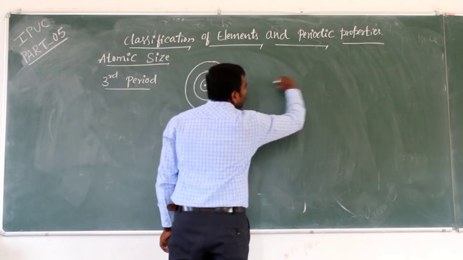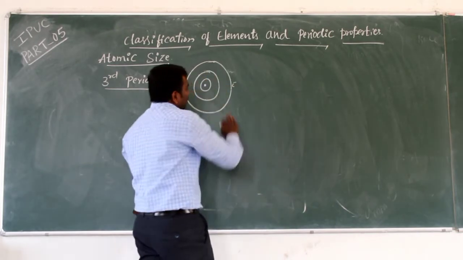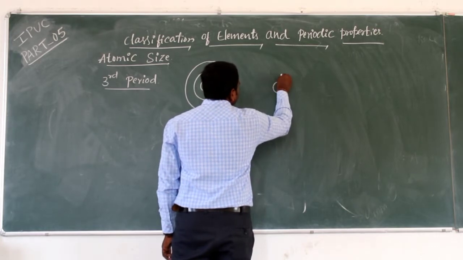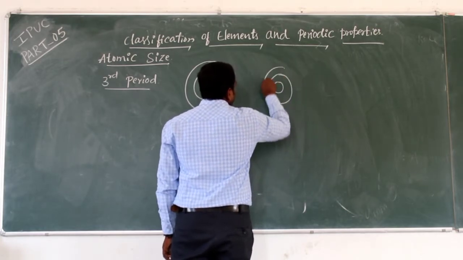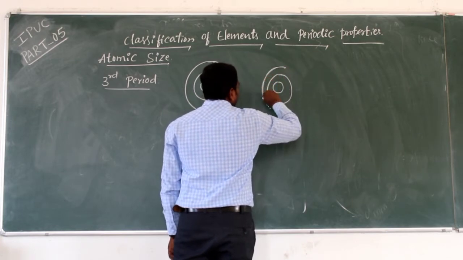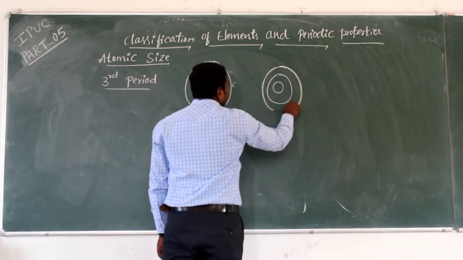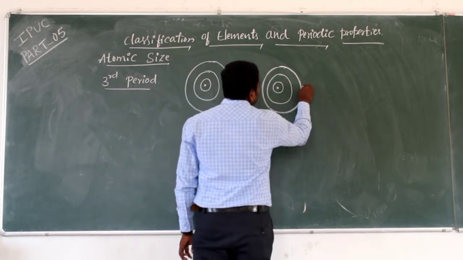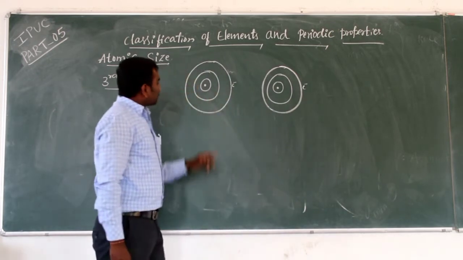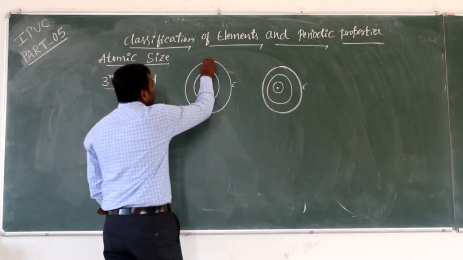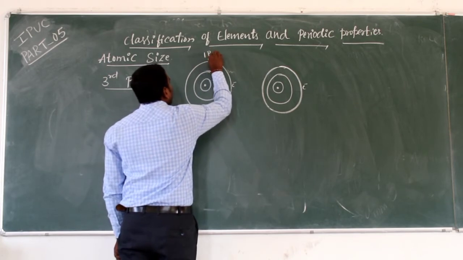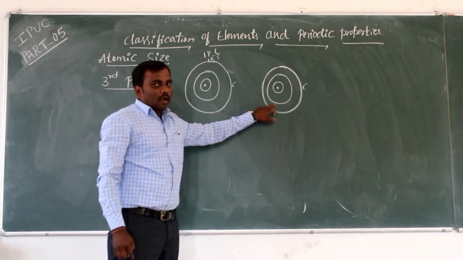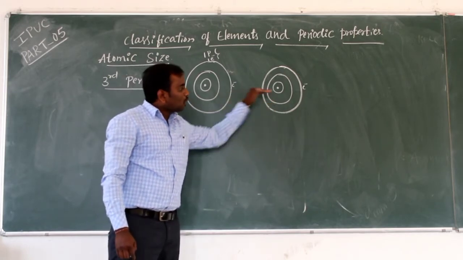And another example, we move on only along the period. Next atom. Okay, this is the nucleus, this is almost the electron. Here, one proton and one electron are increased. Next, we move on to the third or second atom along the period.